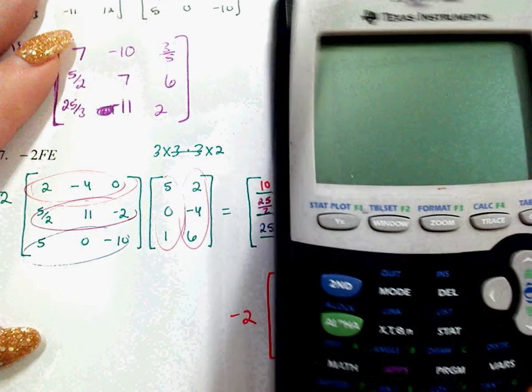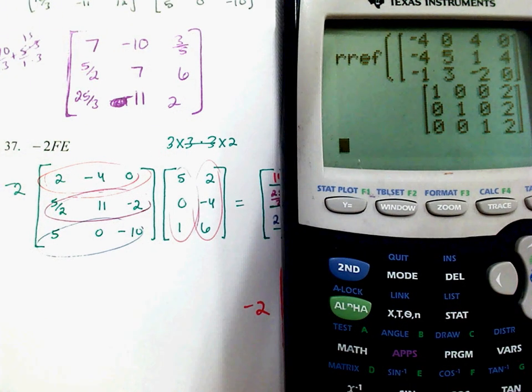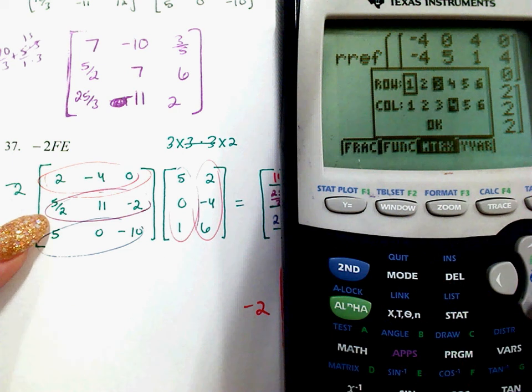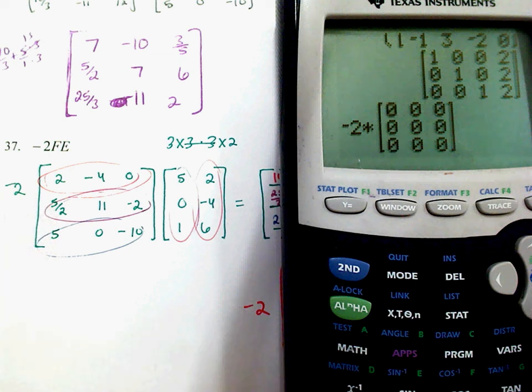Here we go. Negative 2 times alpha zoom, we're going to do a 3 by 3. So I've got 2, negative 4, 0, 5 halves, 11, negative 2, 5, 0, negative 10, times alpha zoom, this is a 3 by 2.